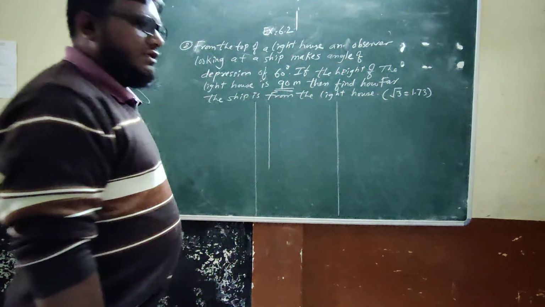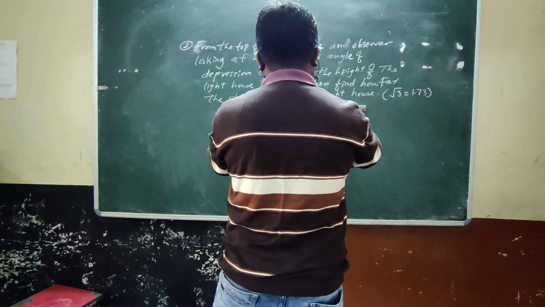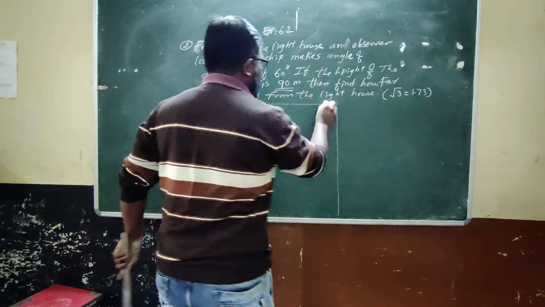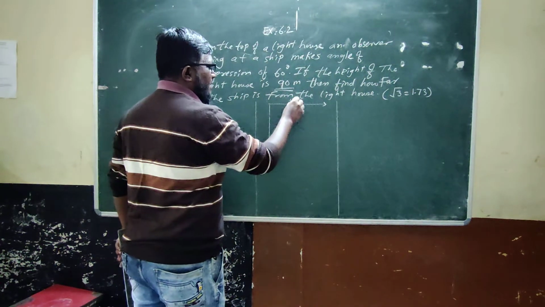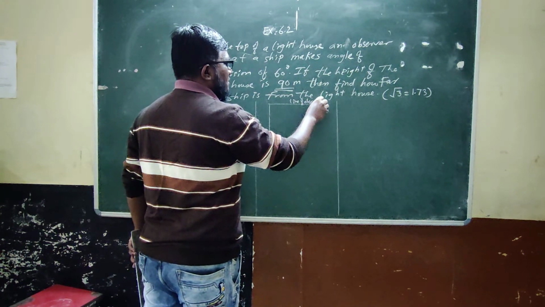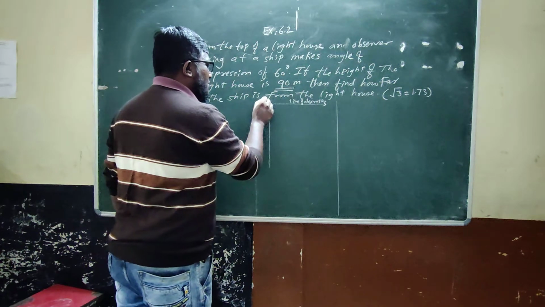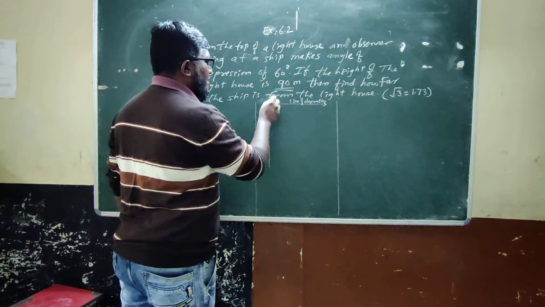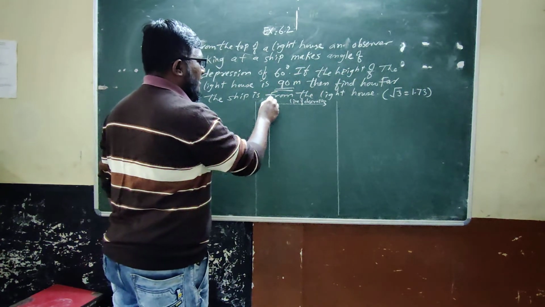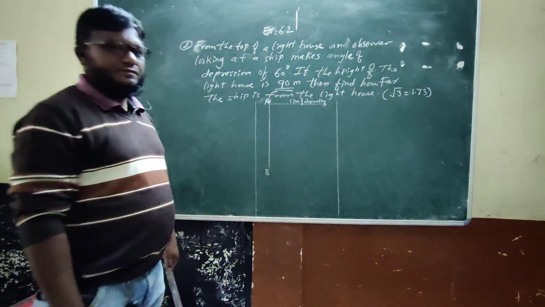I have made one line, and this is called the line of observation. If he looks straight, the person is standing here, that is at point A. This is point B.